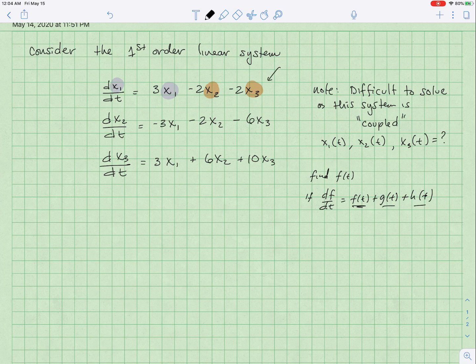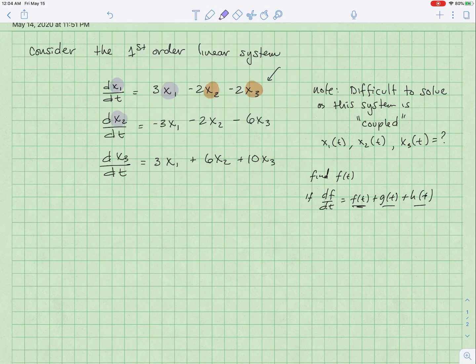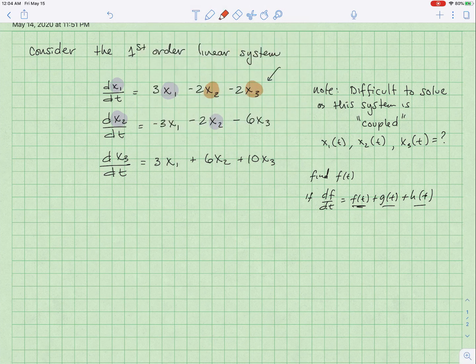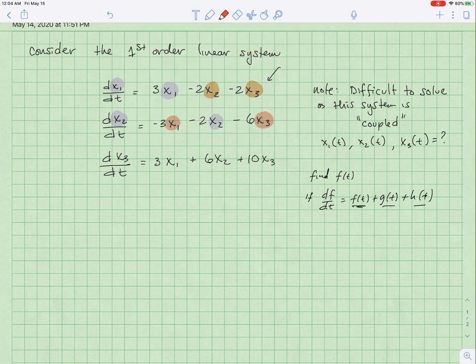Now, I am given some kind of clue as to what these other functions are by way of these other differential equations. This is a differential equation which tells me how the derivative of x2 is not only related to x2, but is also related to these other functions, and so on and so forth. Here, let me just highlight these while I've got the same color going.